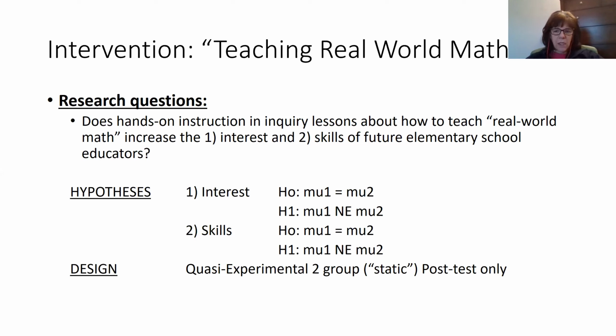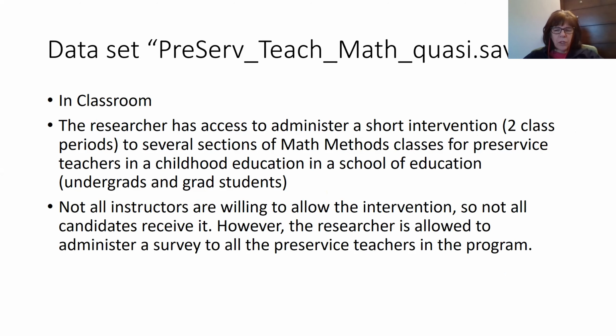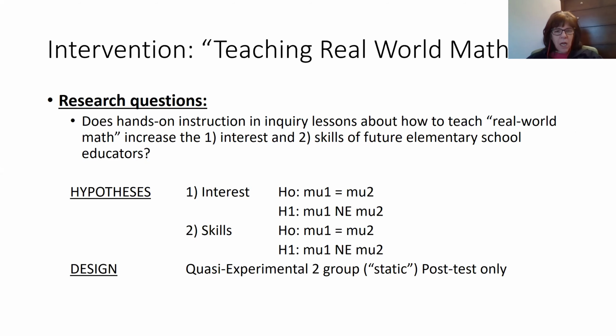The intervention, which is a short intervention over 2 class periods, is some kind of hands-on instruction in inquiry lessons about how to teach real-world math. And the post-tests are going to be an interest in math survey and a math skills survey.